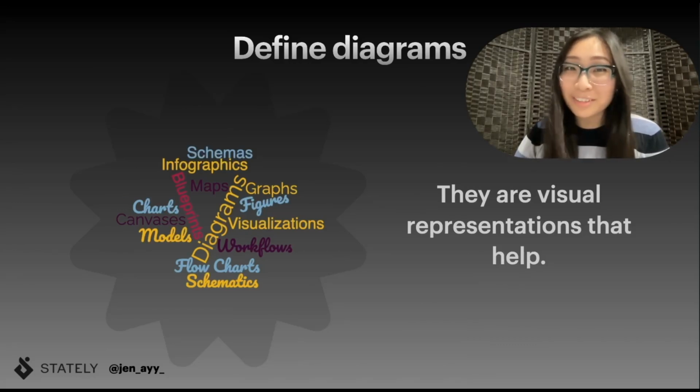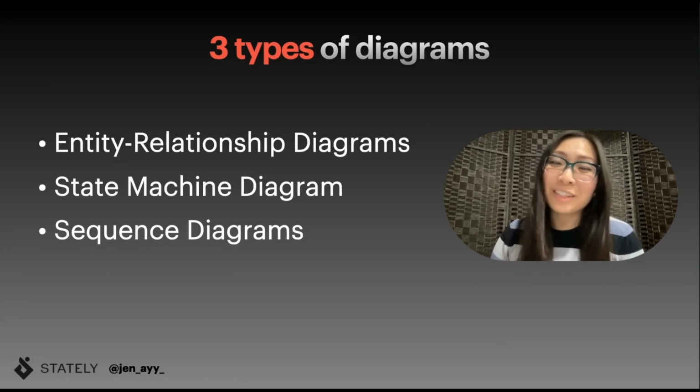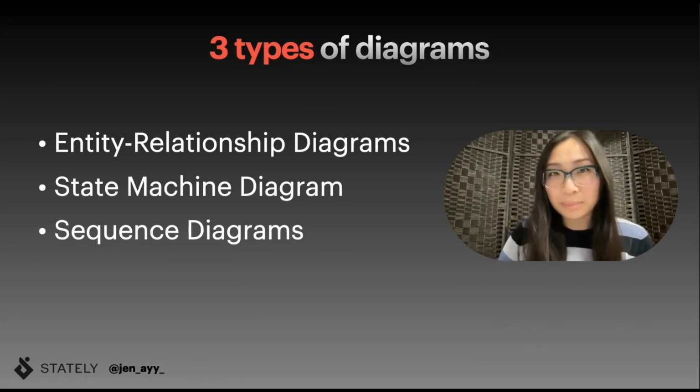Diagrams are also known as all these different things listed, but in the end, they're just a visual representation that can help. The three different types of diagrams that we'll be learning about today are entity relationship diagrams, also known as ERDs, state machine diagrams, and sequence diagrams.